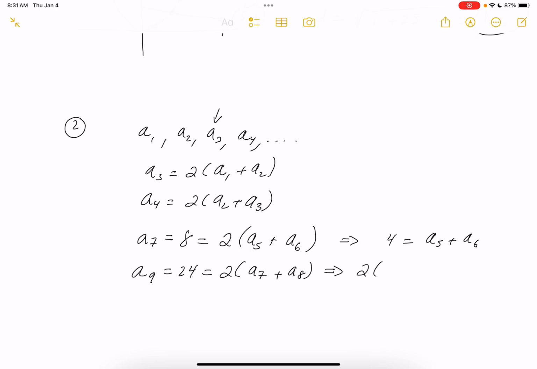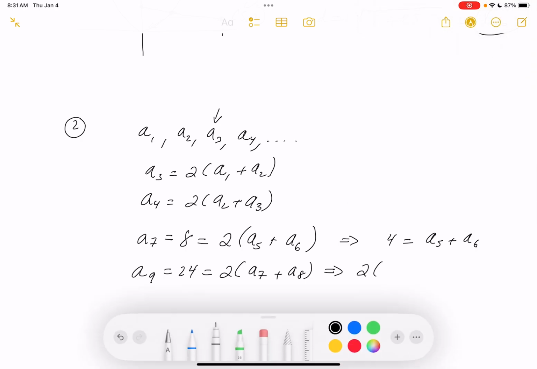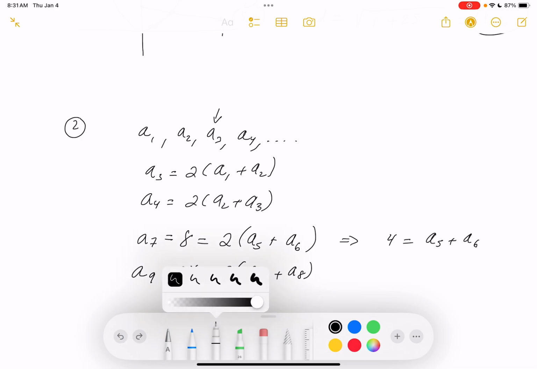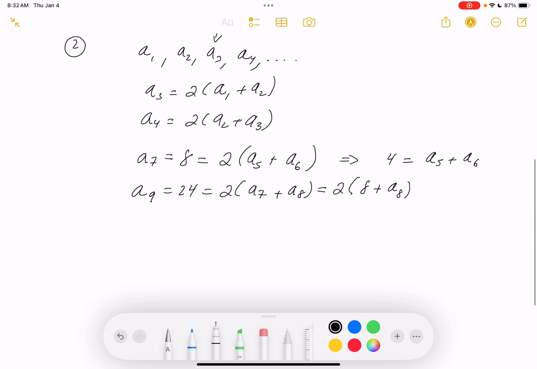Whoops. I think I went too fast with that. Go backwards. Let me write this down again. 2 times (A7, which is 8, plus A8). Well, I think I can figure out A8 now.